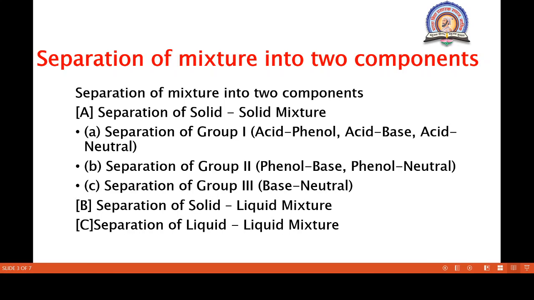So this point you have to remember. In today's lecture we only discuss the separation of a solid solid mixture. By these three groups we separate the solid solid mixture. The separation of solid liquid and separation of liquid liquid we will discuss in the next lecture. Here I am writing this point for understanding.